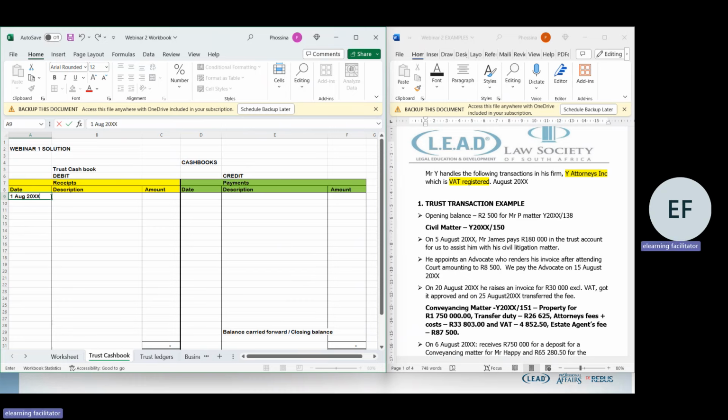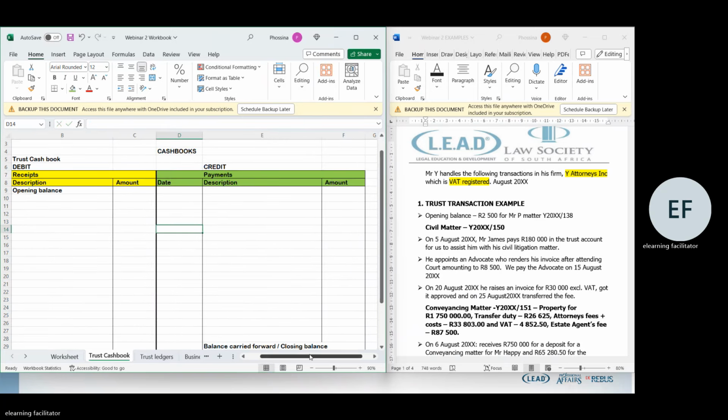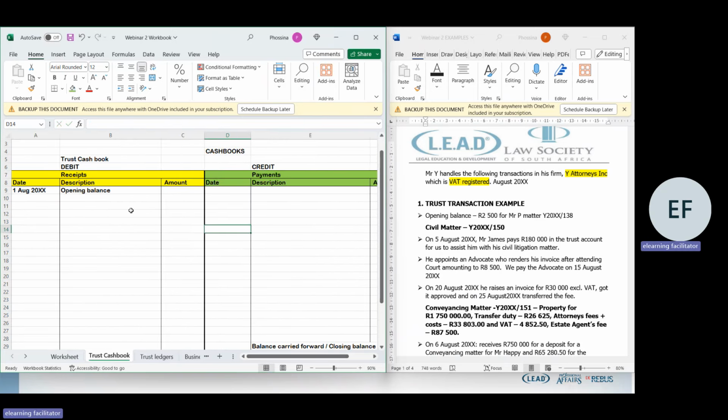So this is our first transaction. And what is it? It's an opening balance. So how much are we having? 2,500.